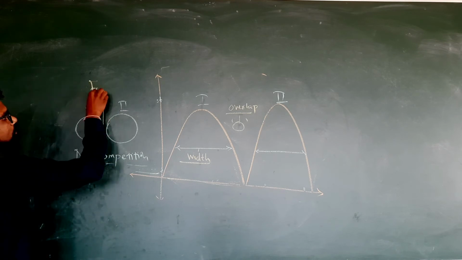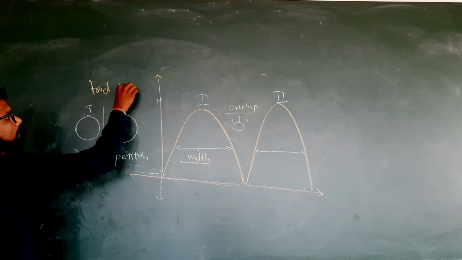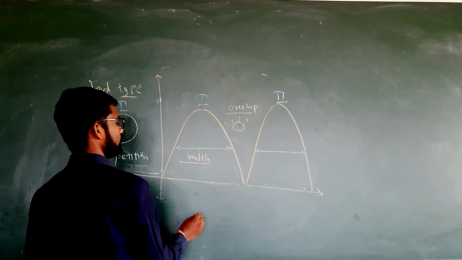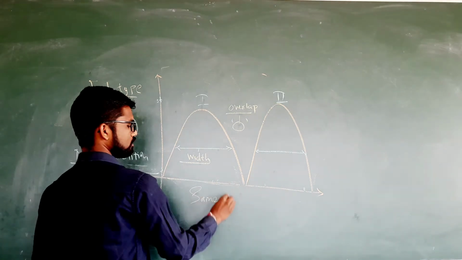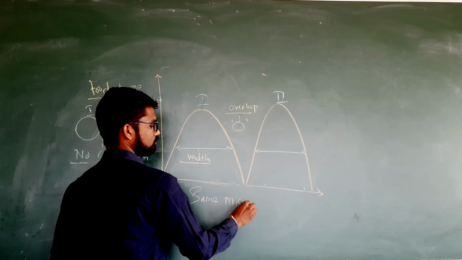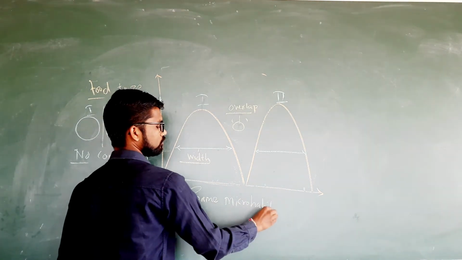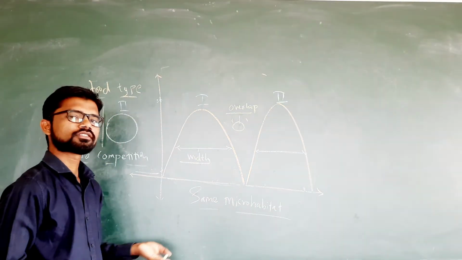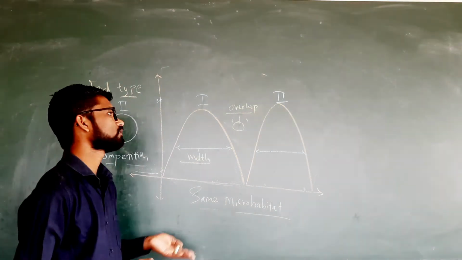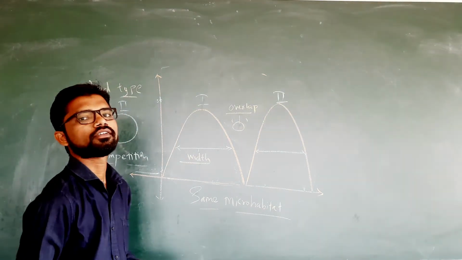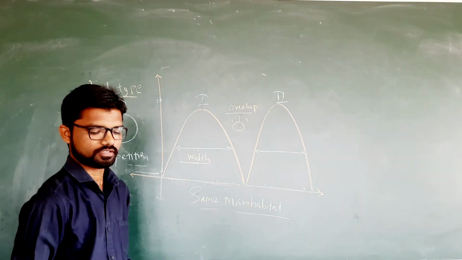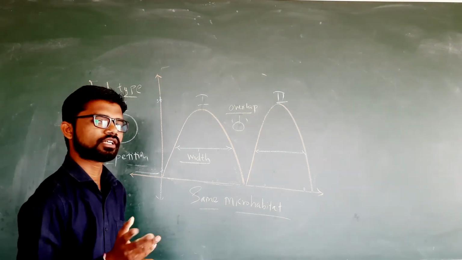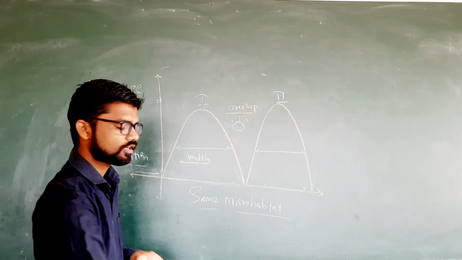The food type is totally different because they are living in the same microhabitat. They live in the same microhabitat, so that's why there is no competition between these living organisms in the ecological niche, or we can call it the microhabitat.